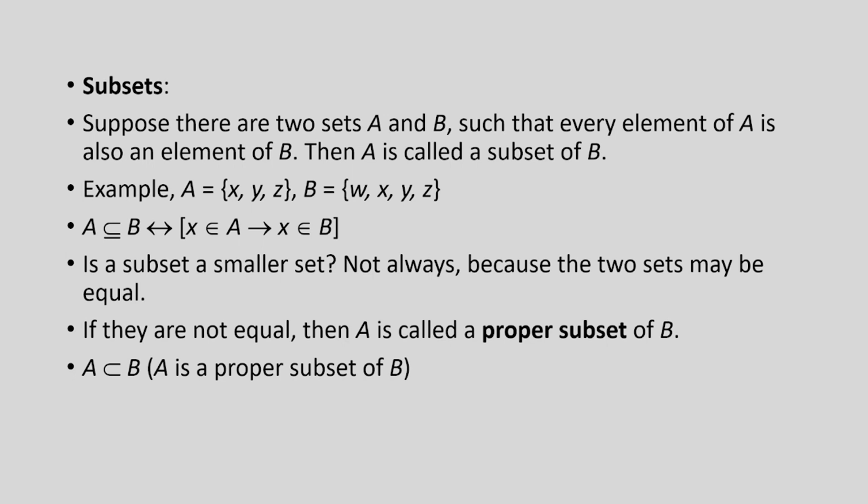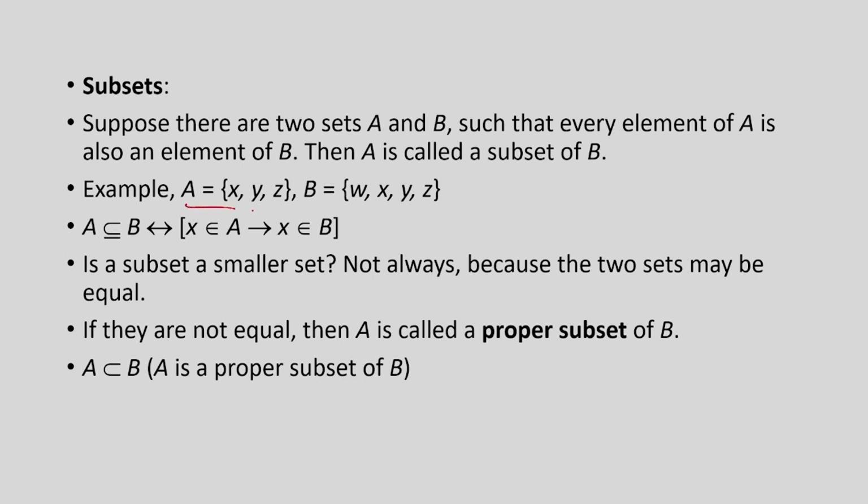So, you have two sets, and if you take the first set and take any arbitrary element of A, then that element is an element of B also. In that case, A is called a subset of B. Remember, A is itself a set, but at the same time it is a subset. So, here is an example.